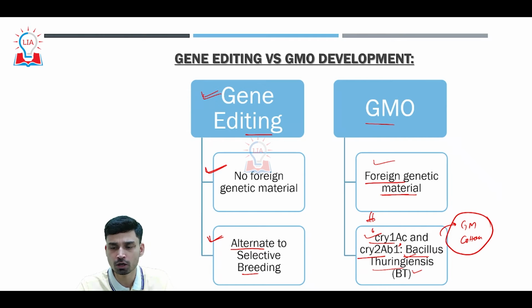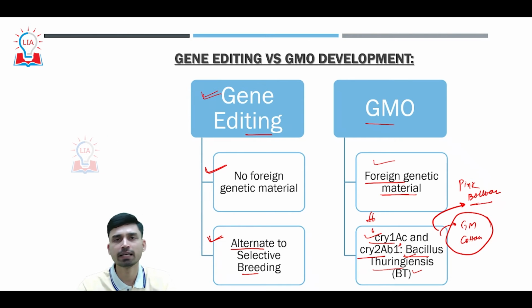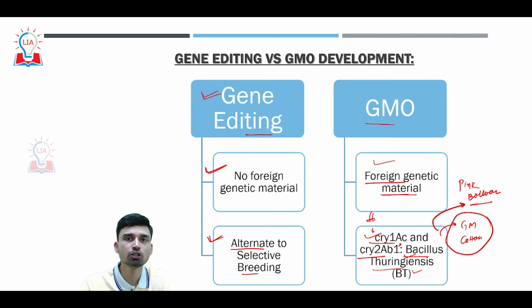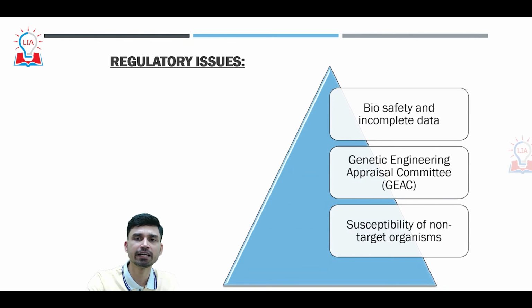The introduction of these two genes from Bacillus thuringiensis has given the cotton the ability to fight against pink bollworm infestation. That makes the cotton crop much more resilient against pink bollworm, and that increases the crop yield and the overall value of the crop produced in any particular part of India. So that is a major difference between gene editing and genetic modification.